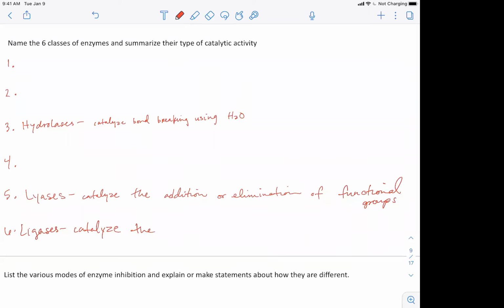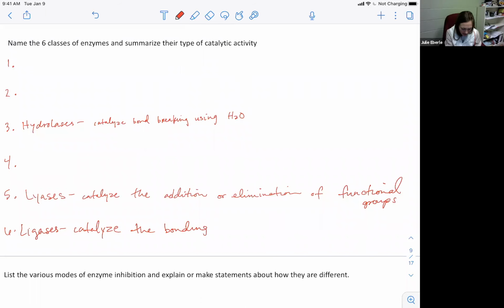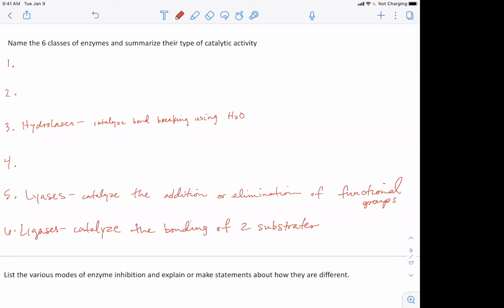Catalase. What was that, Cameron? Catalase. Aldolase? It's not one of the main classes.